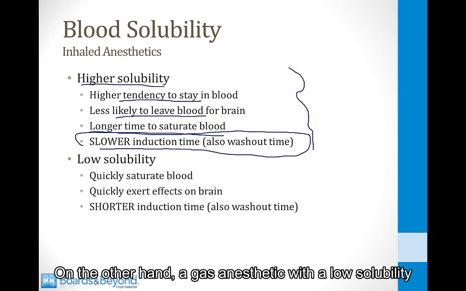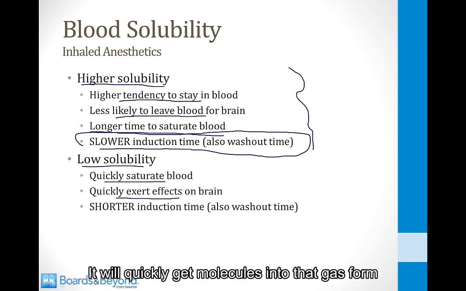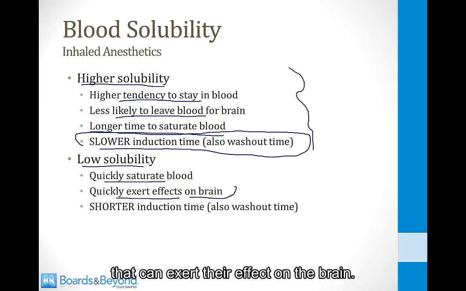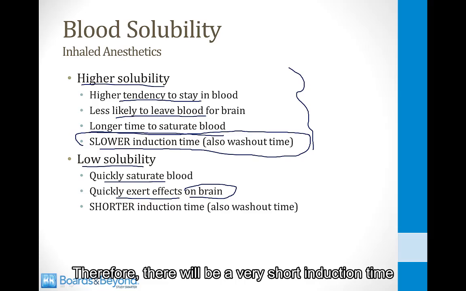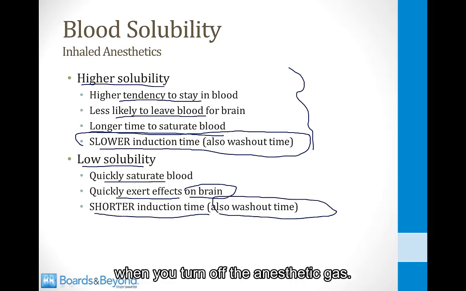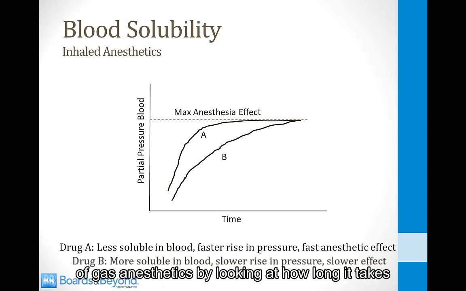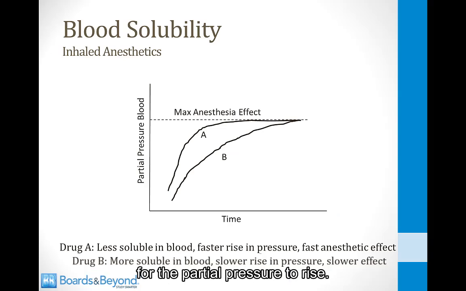On the other hand, a gas anesthetic with a low solubility will quickly saturate the blood. It will quickly get molecules into that gas form that can exert their effect on the brain. Therefore, there will be a very short induction time for anesthesia and also a short washout time when you turn off the anesthetic gas. So we can evaluate the blood solubility of gas anesthetics by looking at how long it takes for the partial pressure to rise.